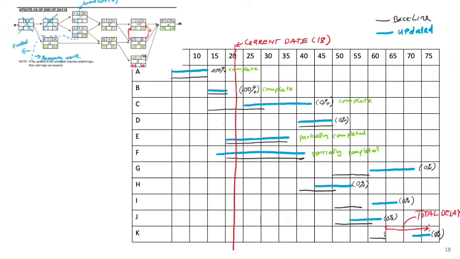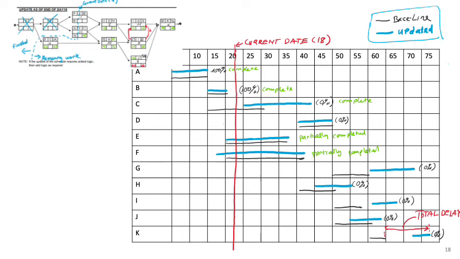So what you have to do is just looking at the network and then convert it into the bar chart schedule. So in this schedule, I use the black line to indicate the baseline schedule, and then green line, blue line to indicate the updated schedule.